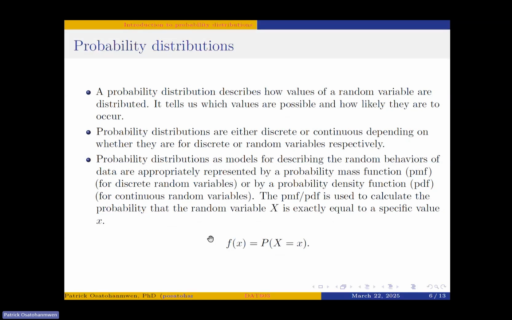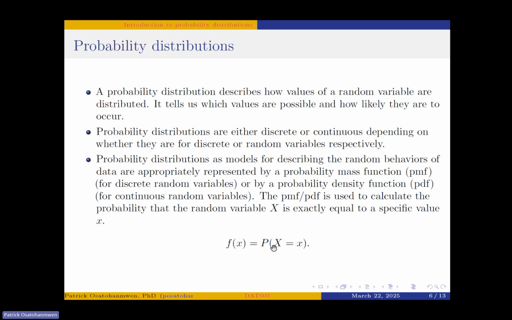It is used to compute the probability that this random variable X, which could be discrete or continuous, will assume the value of small x. So it's like saying, if the random variable is the age of students in our class, and I say f of 20, it means what is the probability that the age of someone in the class is 20.